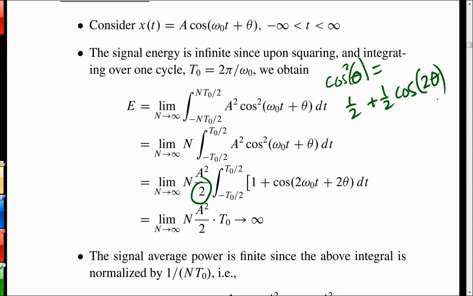Since I'm mentioning that, what you need to do, I have little post-its in my book, is go back to the appendix in the book just so that you can always pull these out. On page 721 is where the trig identities are.